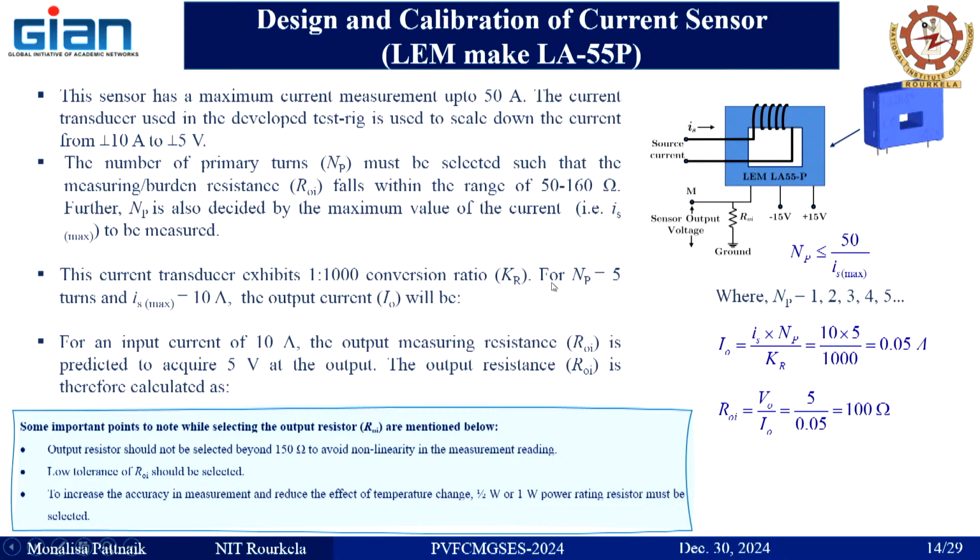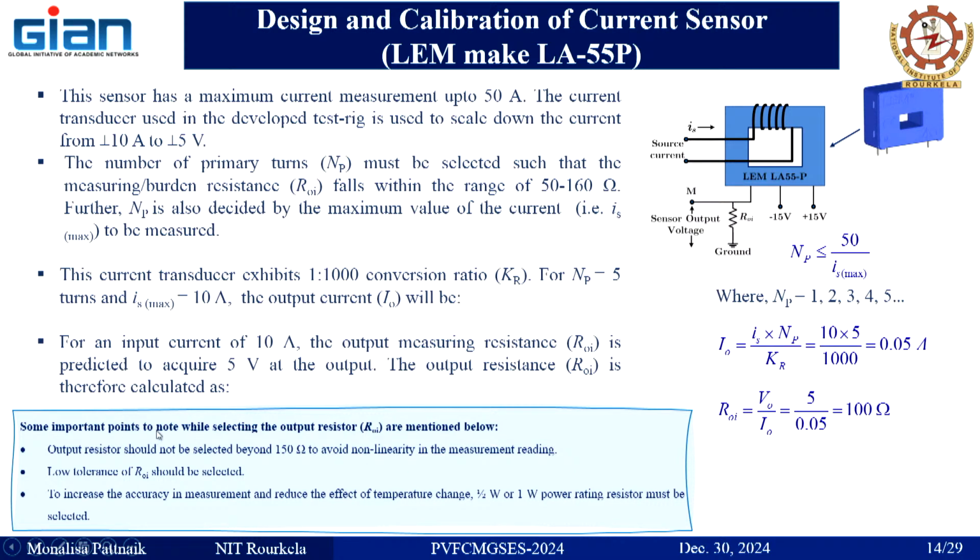For 5 turns, with I max of 10 ampere, the output current will become 0.05 ampere. For the input current of 10 ampere, the output measuring resistance ROI is connected to the ground and the output point, and here the output resistance will be around 100 ohm.